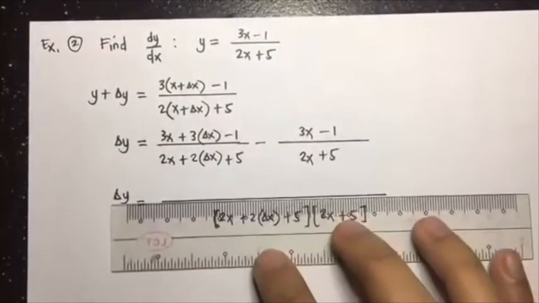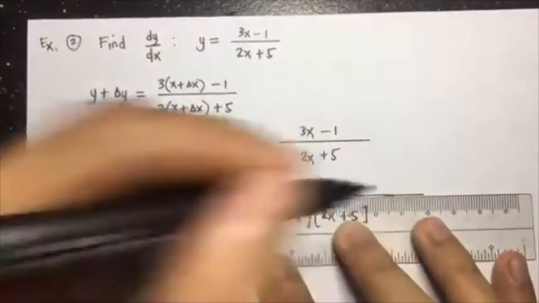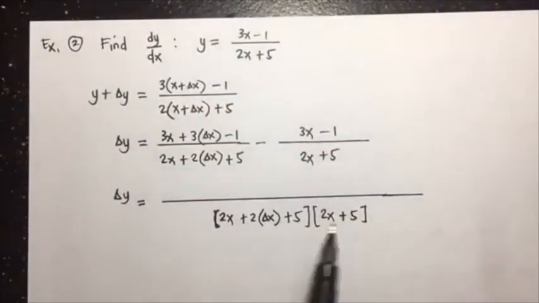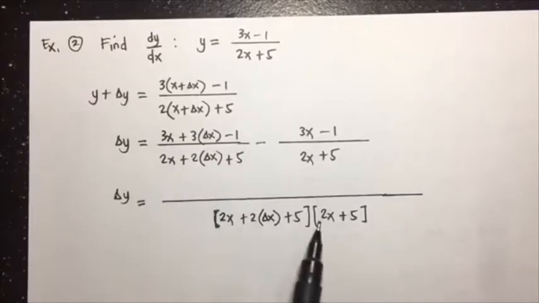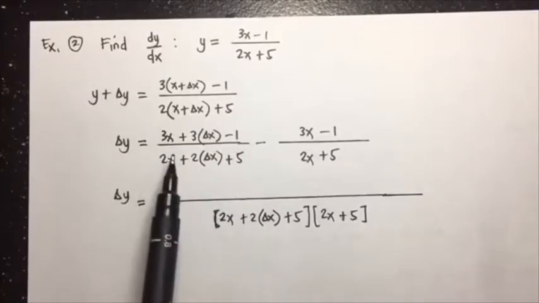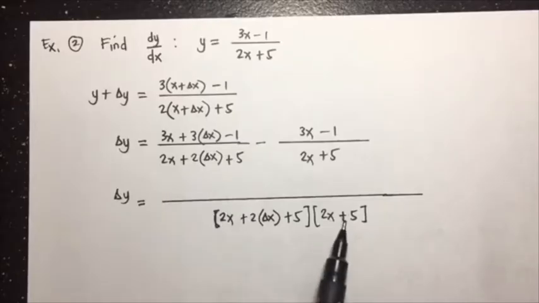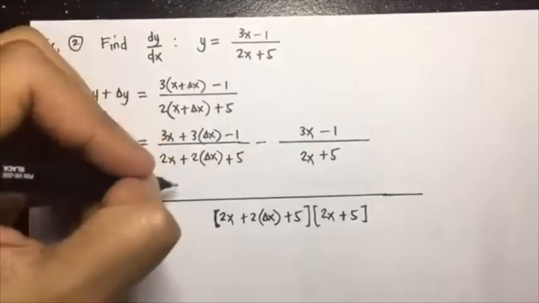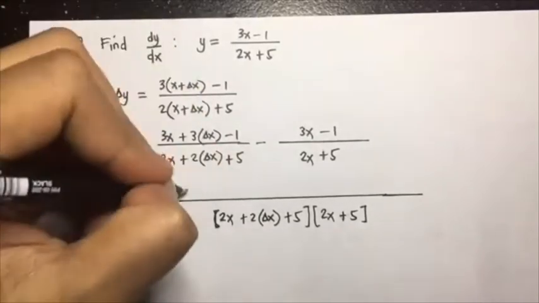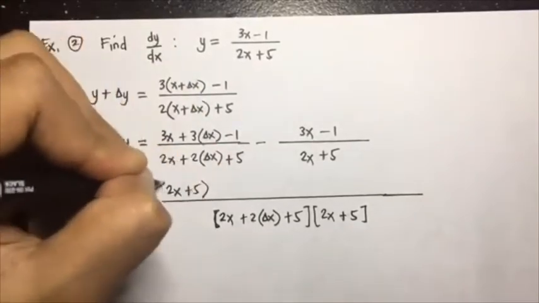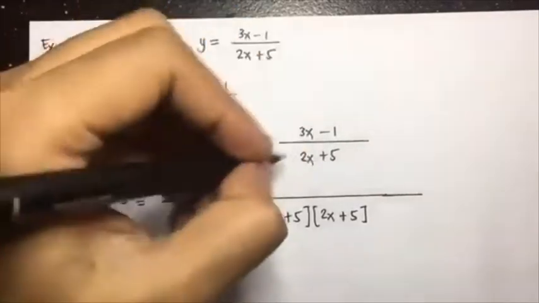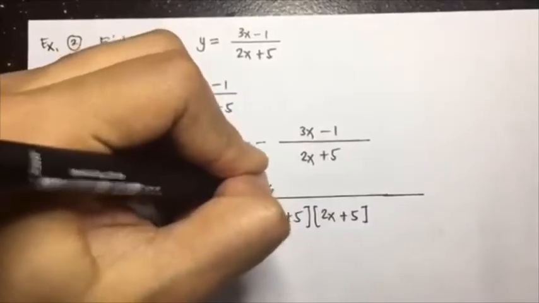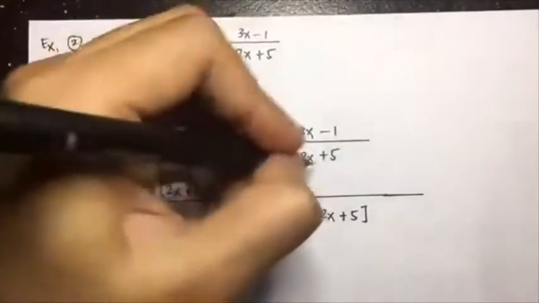Then performing the addition, the LCD divided by the denominator of the first term: if we divide this by this, what will remain is 2x plus 5. Then (2x plus 5) multiplied by the numerator, so that will become (2x plus 5) times (3x plus 3 delta x minus 1).